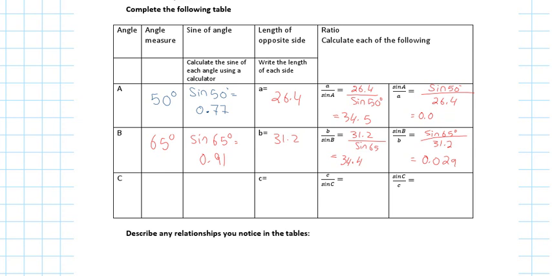Be careful when you're doing this in the calculator. When you put sine, the calculator opens a bracket for you. So if you do sine 50 over 26.4 without closing the bracket, the calculator is going to do 50 divided by 26.4 first, then do the sine. So make sure that when you put sine 50 divided by 26.4, you close the bracket after the 50.